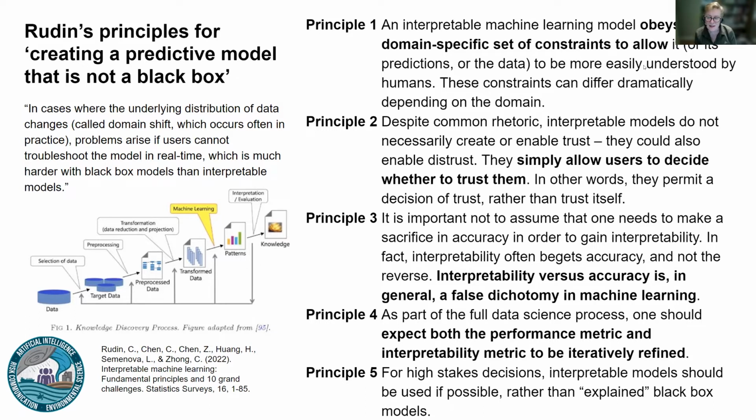And for high stakes decisions, interpretable models should be used if possible, because they are more easily understood in the moment and you can troubleshoot them in real time. And that's what makes them important in these high stakes decision contexts. Rudin suggests both visualizations and interactivity as ways of allowing real-time interrogation of models for that reason. And I think it's over to Chris.